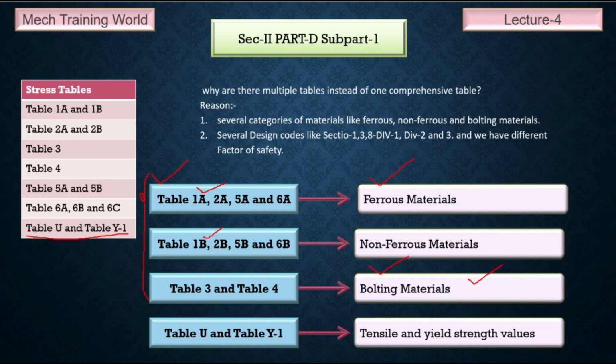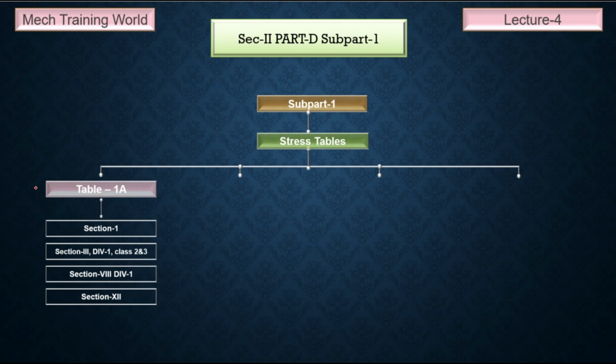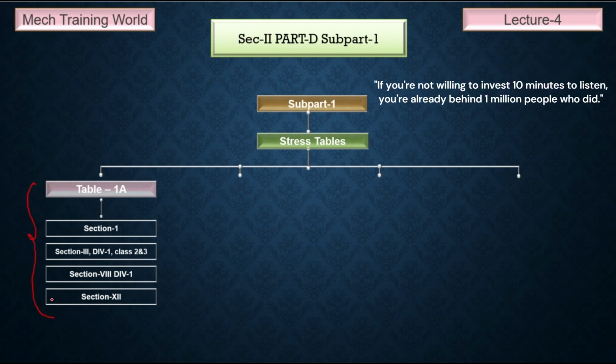So let's derive these tables according to the several design codes. If you open Subpart 1, you will find stress tables. Table 1A is applicable for these sections only: Section 1, Section 3 with its different divisions, where Division 1 also has different classes like Class 1, Class 2 and 3, and Section 8 Division 1 and Section 12.